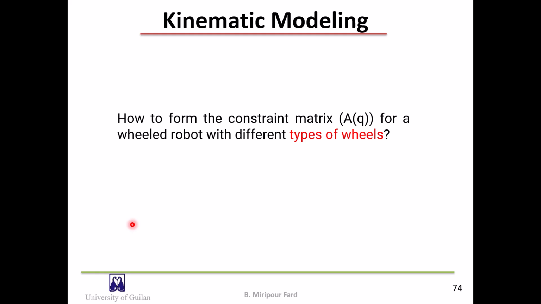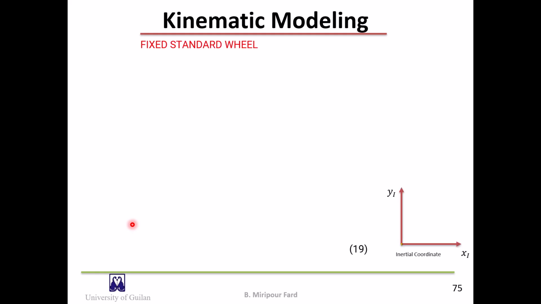In the following slides, we want to talk about how to form the constraint matrix A for a wheeled mobile robot with different types of wheels. Let's start with the simple standard wheel. We want to write the constraints that arise for the robot because of this wheel.